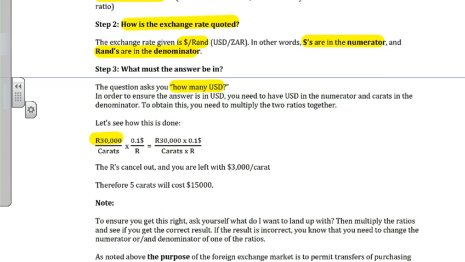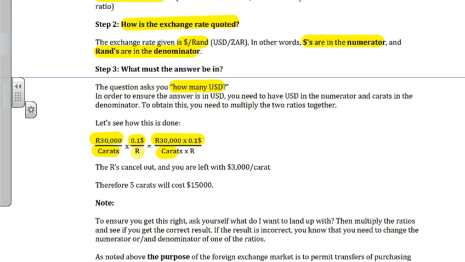30,000 rands over carats, times 0.10, 10 US cents per 1 rand. Let's multiply all of those out. 30,000 rand times the 0.10.